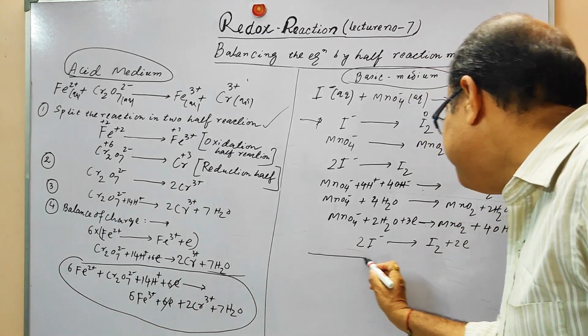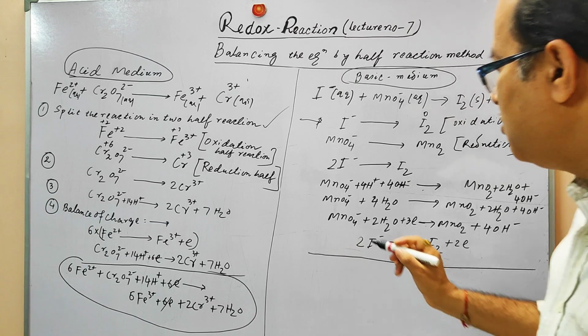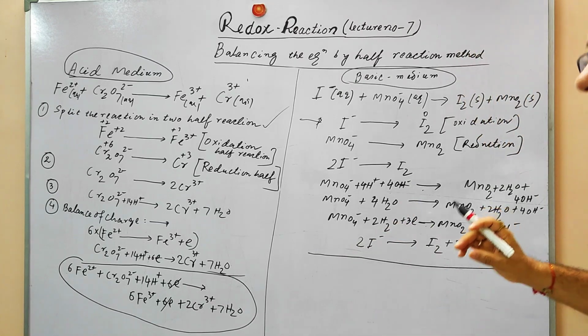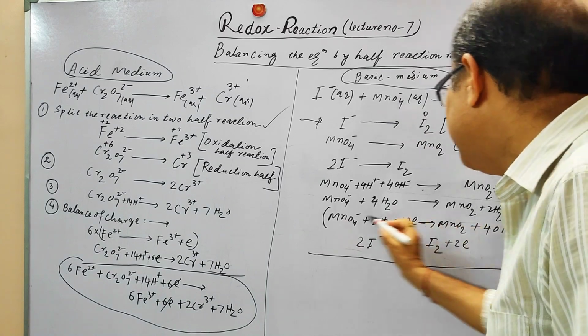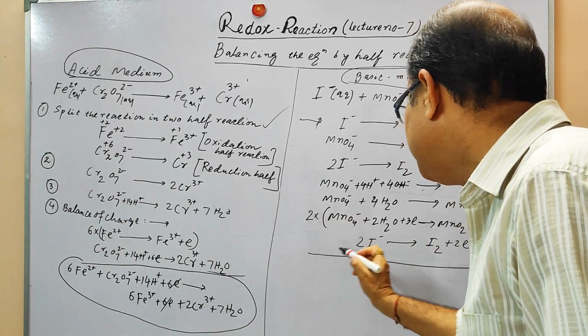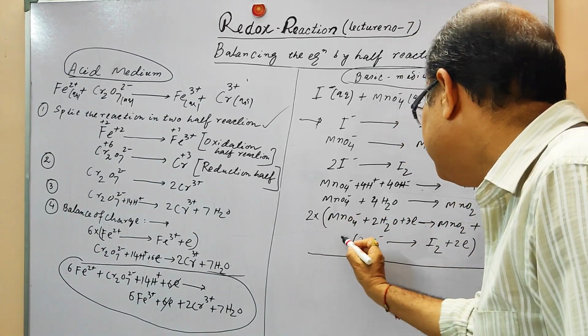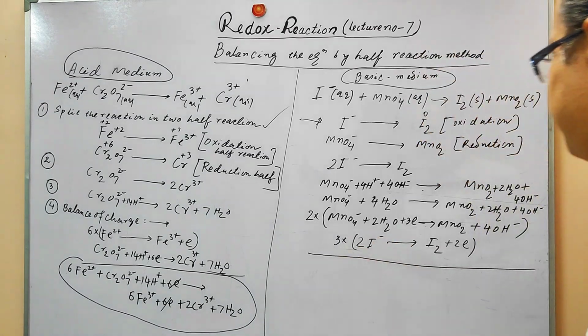Now the next important step is that we have to balance the electrons. For balancing the electrons, we have to multiply by 2 and we have to multiply by 3. So what will we get?